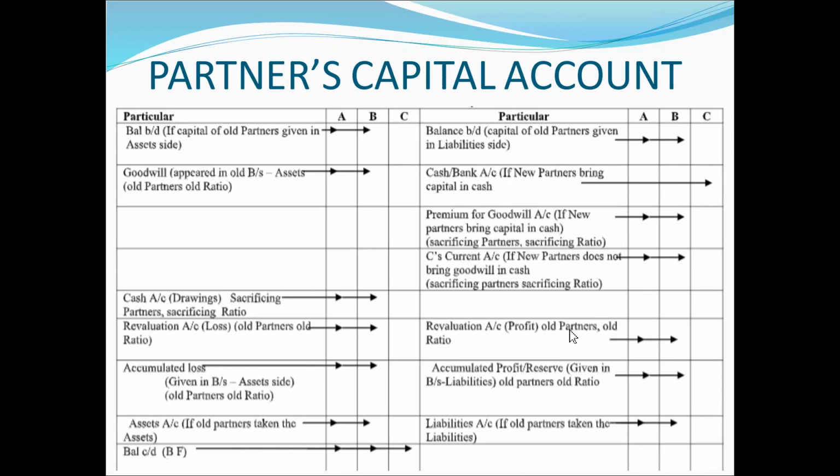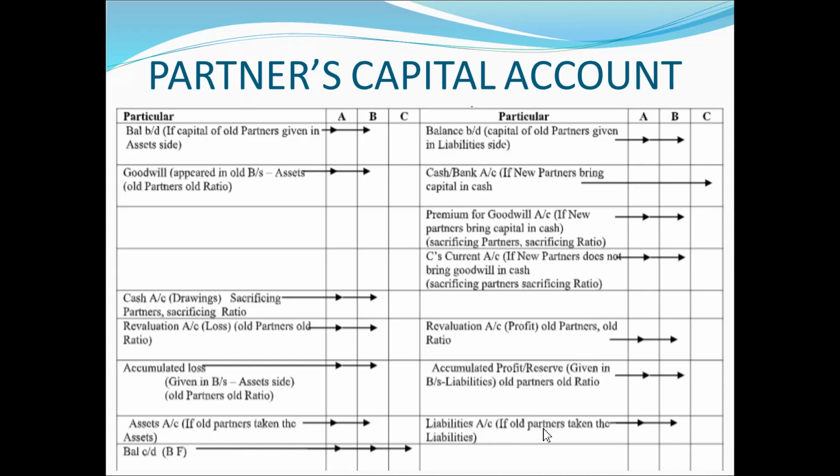Revaluation account profit. Accumulated profit, profit reserve given in the balance sheet: old partners, old ratio. Liabilities, this accumulated profit, just now we saw accumulated profit, then reserves, workman compensation fund, all these items you have to share among the old partners in the old ratio.